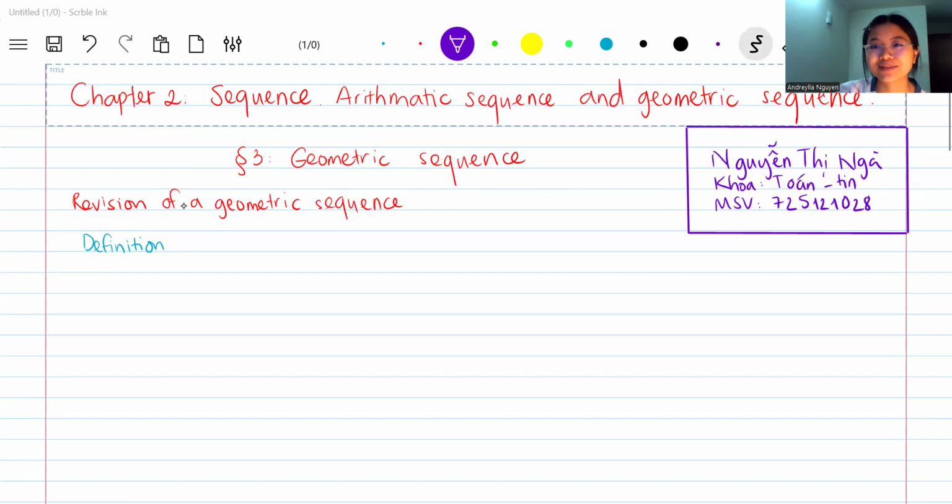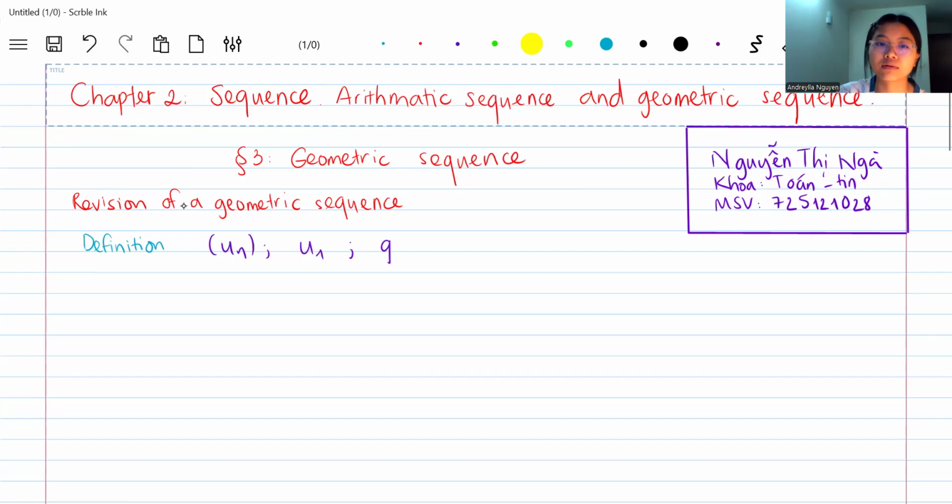Okay, so now let's recall the definition of a geometric sequence. When I have a sequence U_n, and the first term is denoted by U1, and the common ratio is denoted by q.